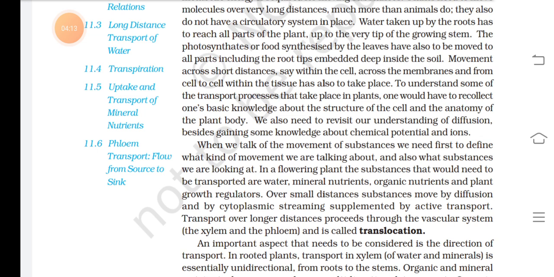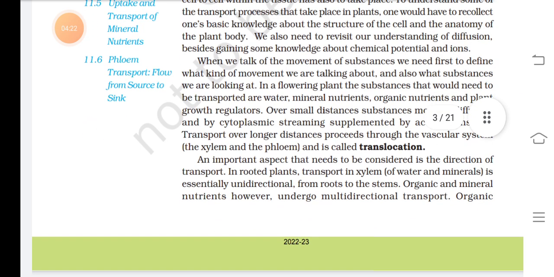We also need to revisit our understanding of diffusion, besides gaining some knowledge about chemical potential and ions. When we talk of the movement of substances, we need first to define what kind of movement we are talking about, and also what substance we are looking at.